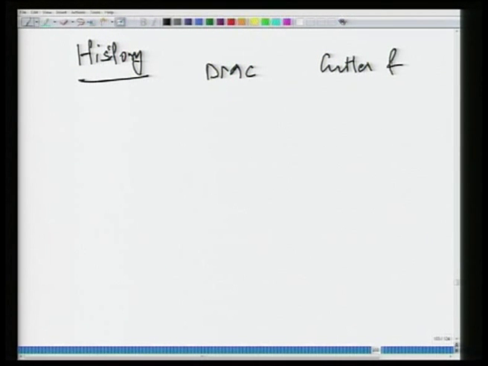Just as a note on the history of MPC, DMC was originally formulated by Cutler and Ramaker, if I am not wrong.